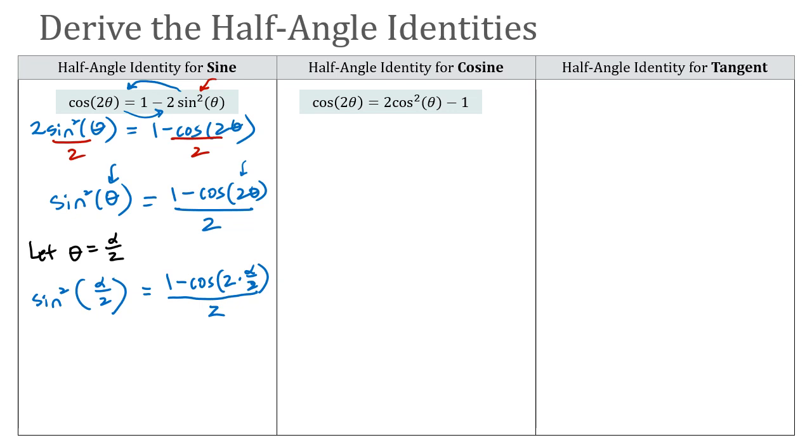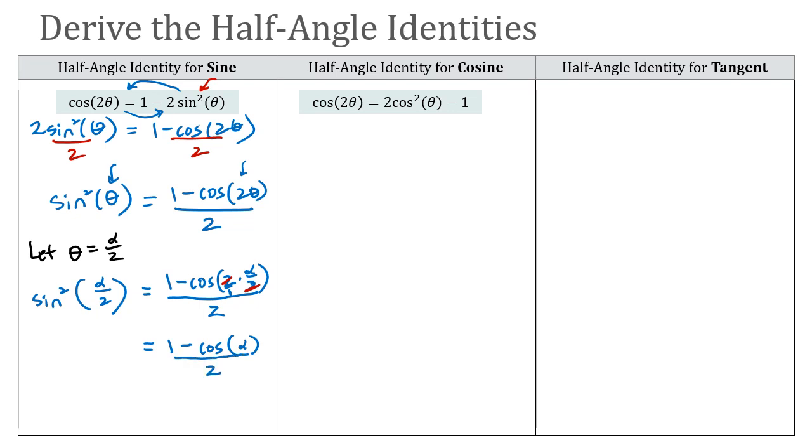Now, let me simplify this just a little bit. That's going to give me 1 minus the cosine of, notice that this is 2 over 1, and I know it's a little bit messy, so I apologize for that, but the 2 up here in the numerator and the 2 down here in the denominator are going to cancel, and so I'm just going to be left with alpha on the inside, all over 2.